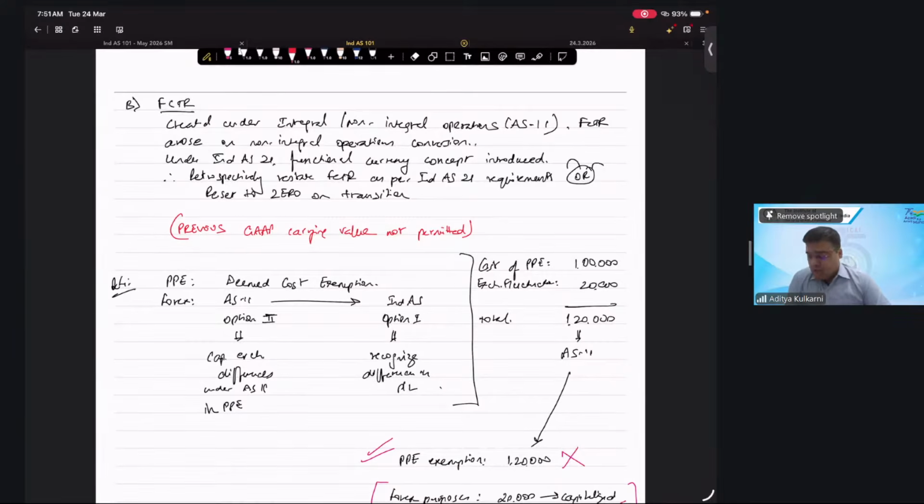Now, if that is not possible, you reset it to 0 on the date of transition. You cannot carry forward the existing FCTR value. Are you able to follow? Yes, sir. Either calculate from retrospective or reset it to 0. You cannot take the existing book value as the deemed value. You able to follow?